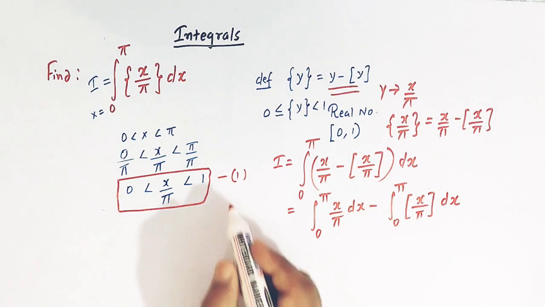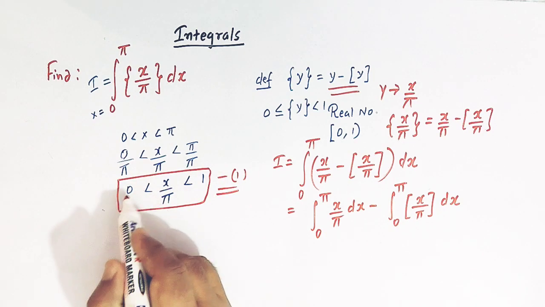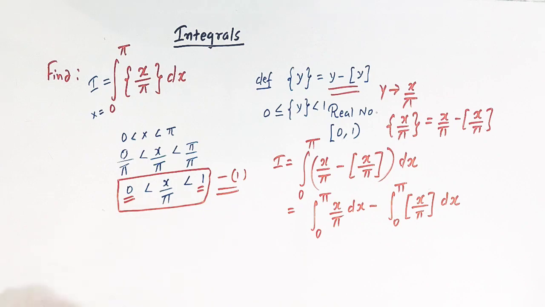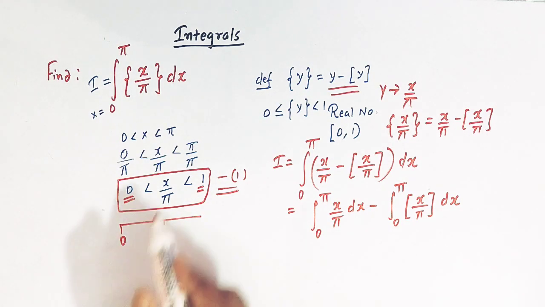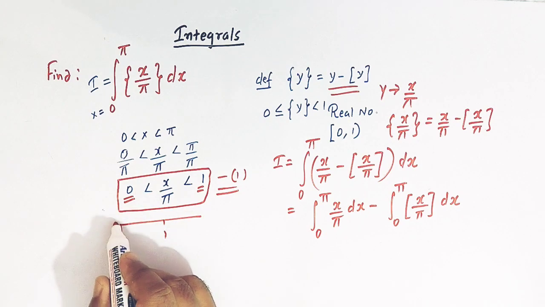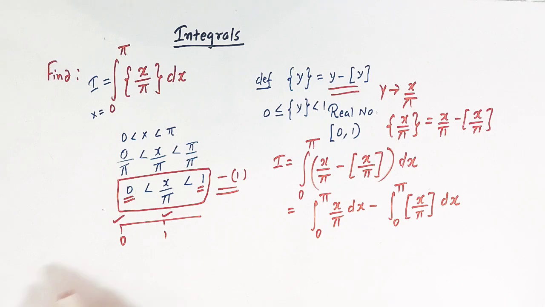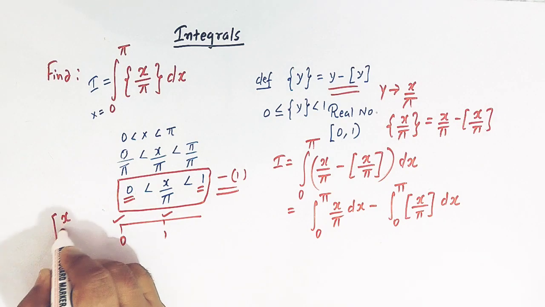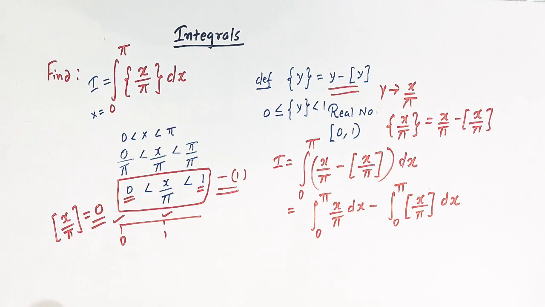Now from this inequality we see that x over pi lies between 0 and 1. So by definition of greatest integer function, the greatest integer of x over pi must be equal to 0, because x over pi lies between 0 and 1.